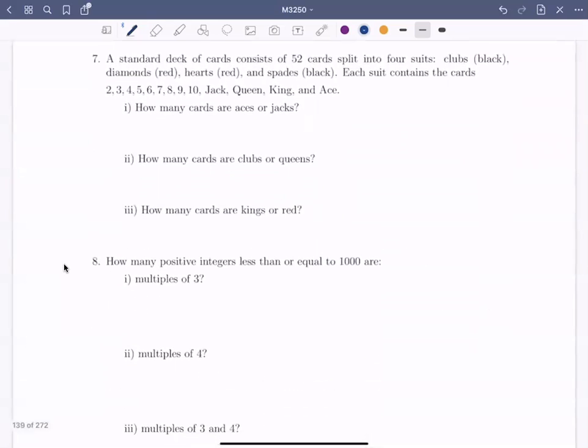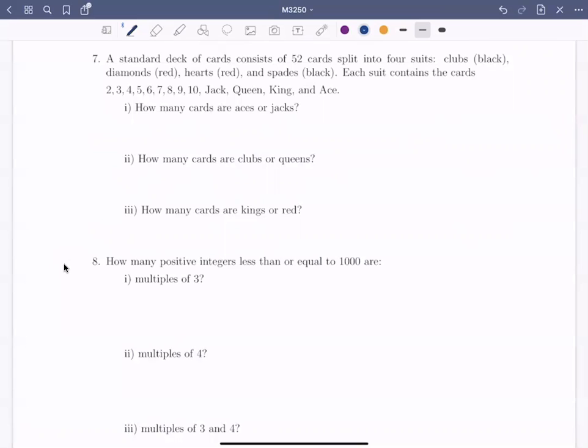I like to do card problems in this section because cards are a nice way to think about counting. Just so that we're all on the same page, a standard deck of cards, which is the only thing that we'll work with over the semester, has 4 suits: clubs, diamonds, hearts, and spades. Each suit has a color. The clubs and the spades are black.